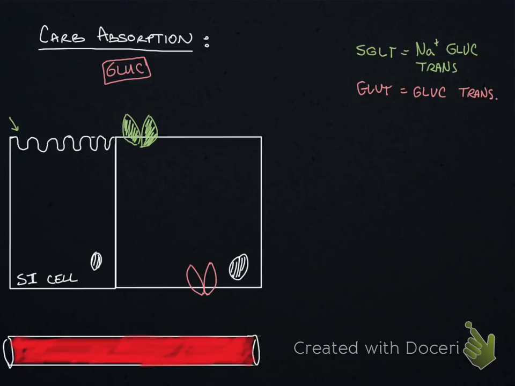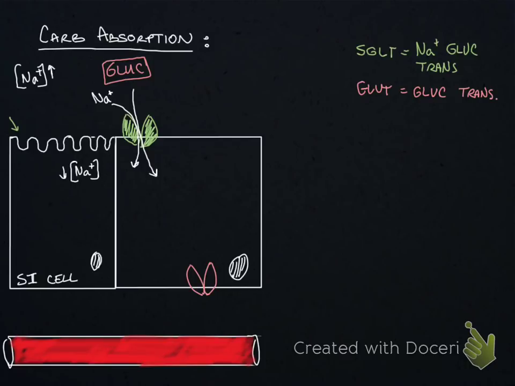What happens is it uses sodium to move down its concentration gradient, because sodium is found in high concentrations here in the lumen of the intestine and in lower concentrations inside of the cell. So it moves down its concentration gradient, and when it does this, it pulls glucose in with it.